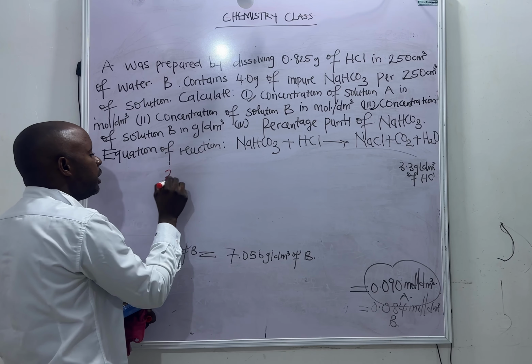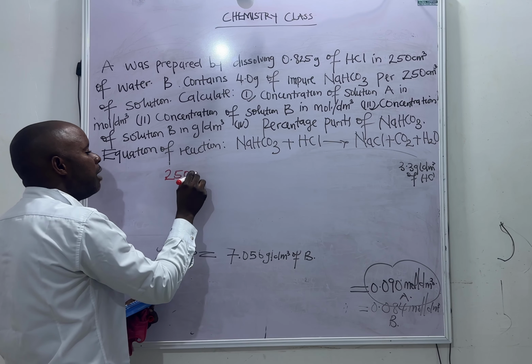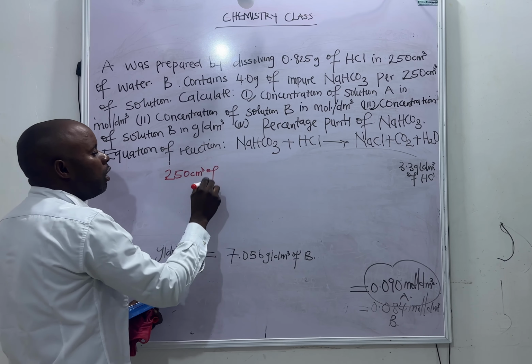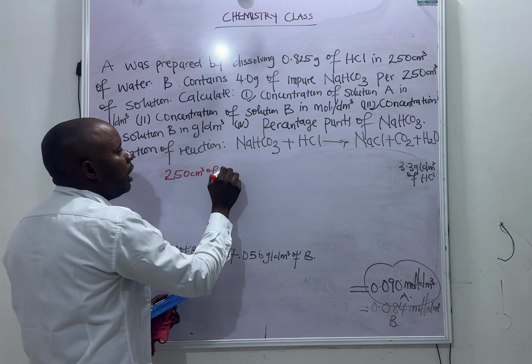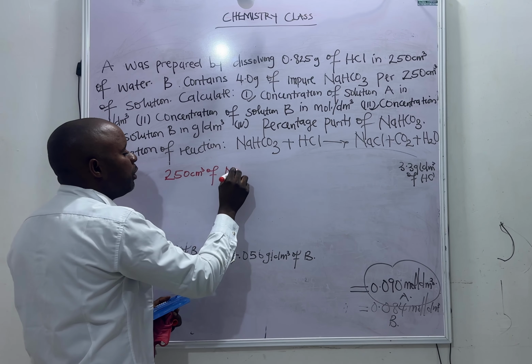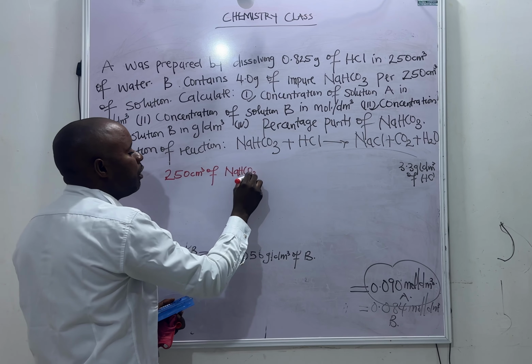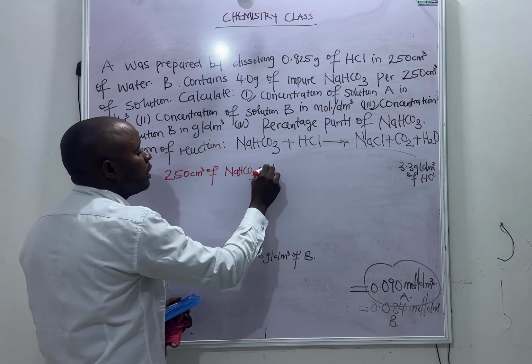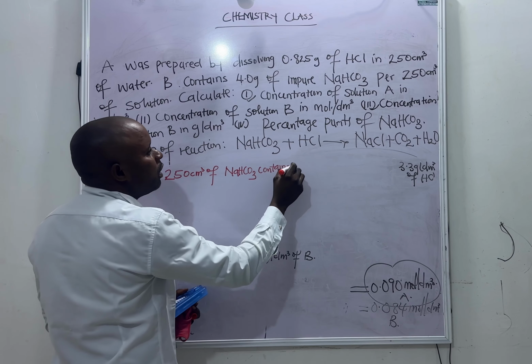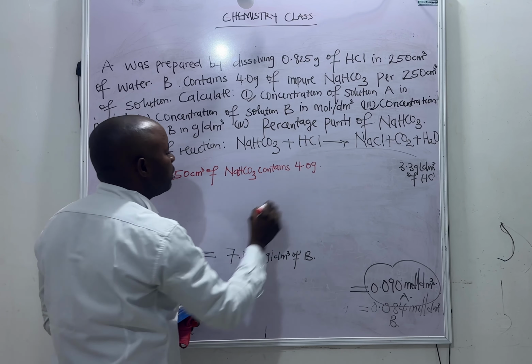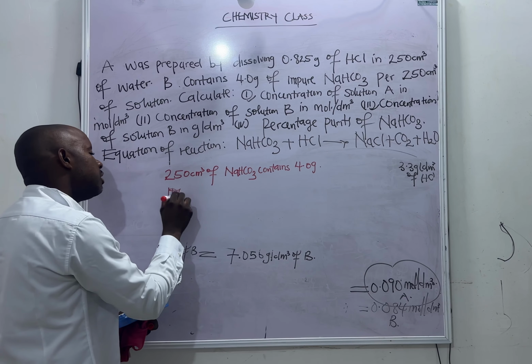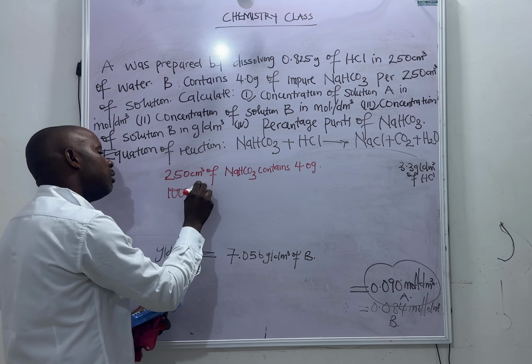We said 250 cm cube of impure sodium hydrogen trioxocarbonate(IV) contains 4.0 gram. So how much more is 1000 cm cube?